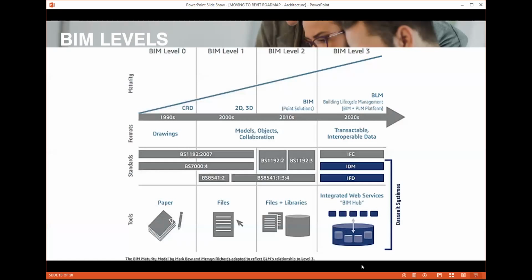So if you look at this graph, it's telling us that for those that are using AutoCAD or all these CAD systems only, you're going to have your DWG format. There are standards, British standards to use, tools, or paper, pencil, and all that. That's BIM level 0.